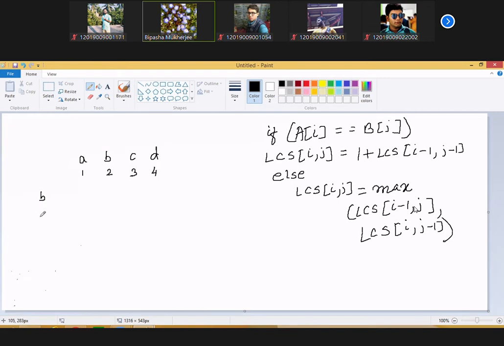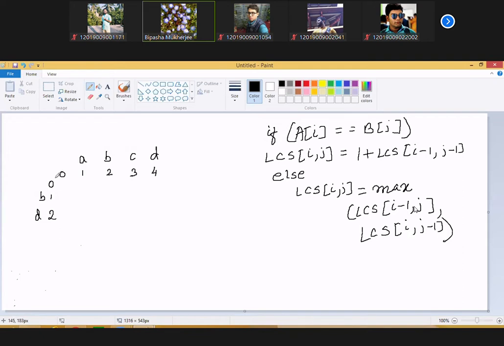And B and D, this is 1 and 2. And as you have seen even in the 0-1 knapsack, I have shown that we do this kind of thing.